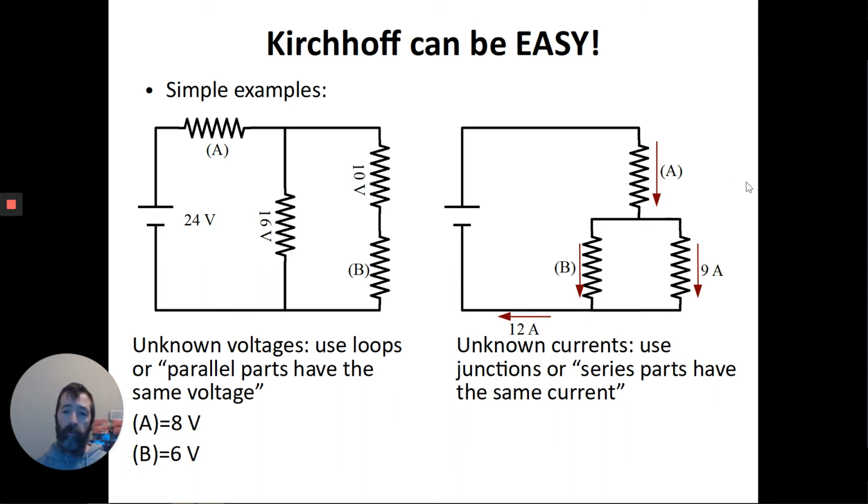For currents, similarly, you can either apply Kirchhoff's rule about junctions, or you can apply the idea that objects which are in series have to have the same current as each other. So, for example, if I want to know current A, if I sort of backtrack around the battery, you'll notice that I already have the current labeled as 12 here.